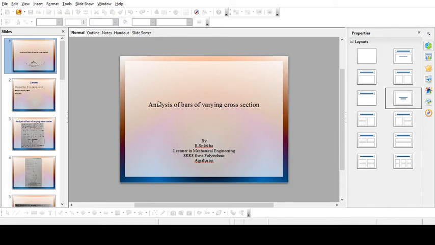Therefore its corresponding area A1 is equal to pi by 4 D1 square. If it is pi by 4 D1 square, then I will simply substitute 20 there. So the answer would be 100 pi, since 4 ones are 400.